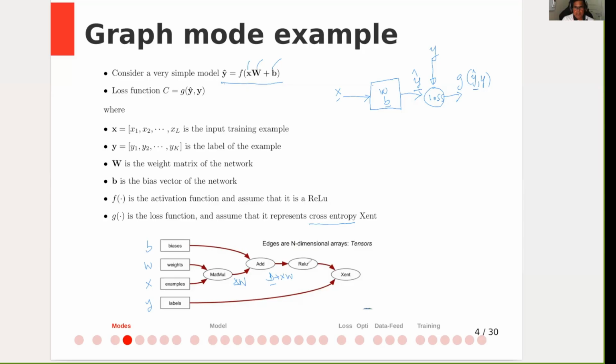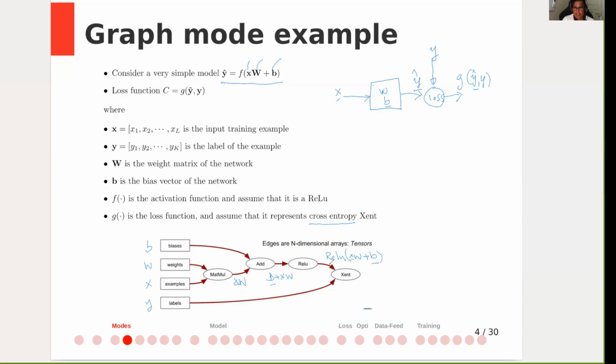Then you apply the nonlinear function. In this case, we have considered the rectified linear unit applied to the result. So then you get the output of ReLU of XW plus b.